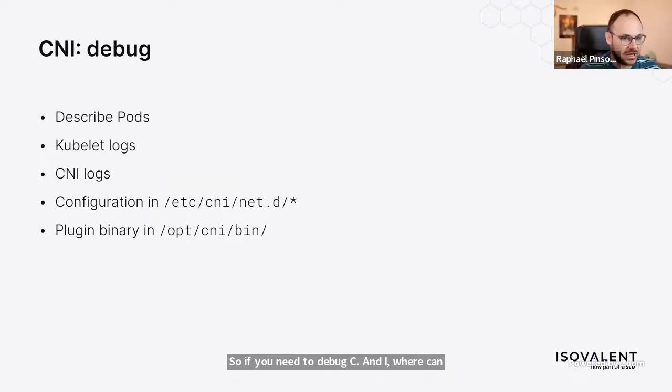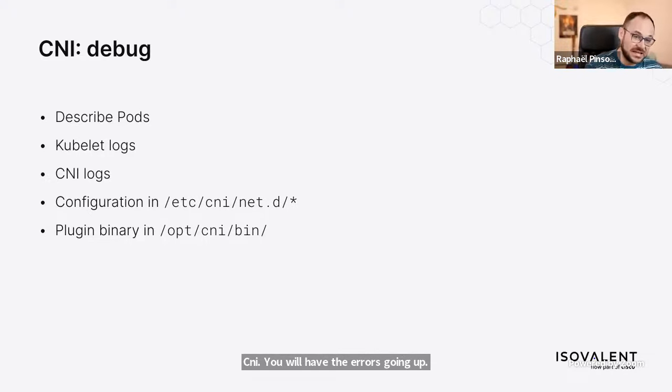So if you need to debug CNI, where can you look? You can typically describe the pods. That's where you will see errors. For example, when a pod is not able to start because there is a CNI error. For example, the one I showed before, where there's not enough IP addresses available to assign one. You can look at the kubelet logs as the kubelet on the node will be calling CRI, that will be calling CNI. You will have the errors going up into kubelet logs.